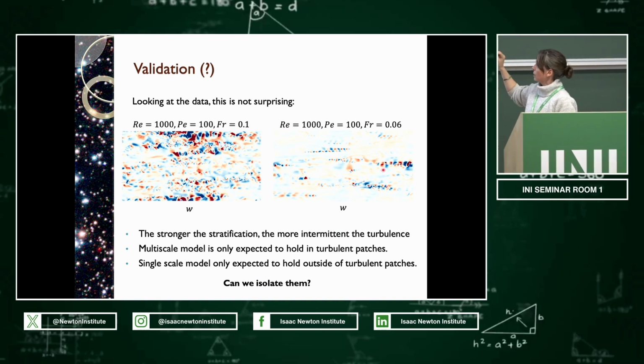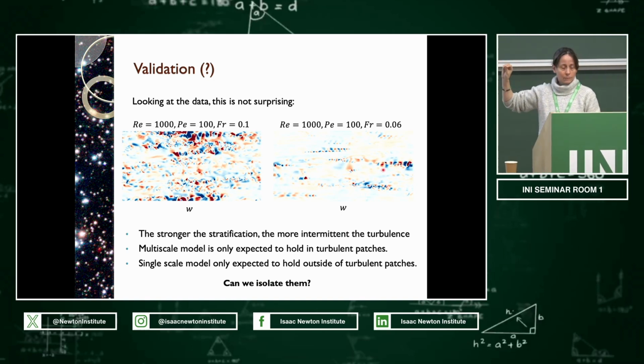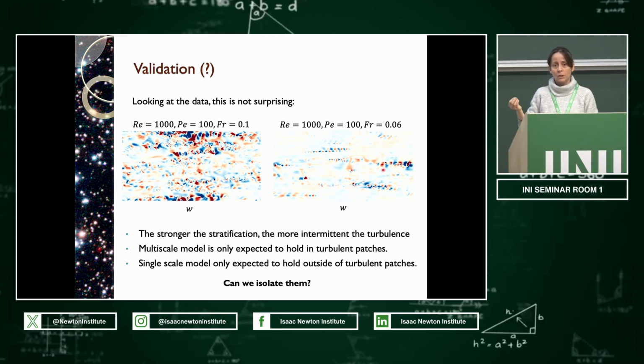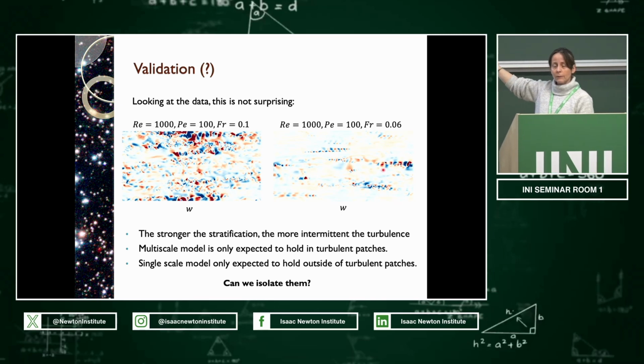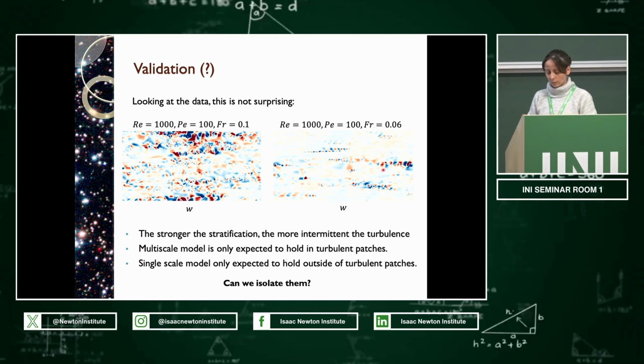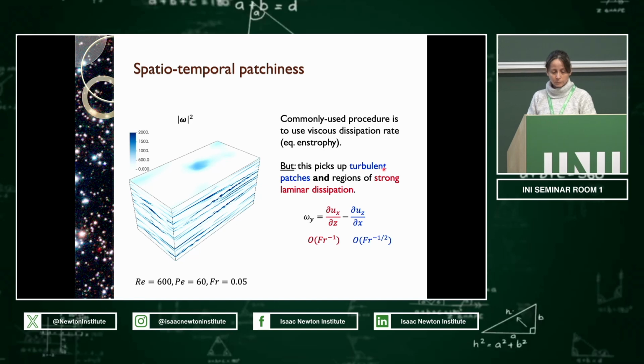So when we want to compare the model to the data, we have to be fair in our comparison, inasmuch as we only expect the multi-scale model to be valid in the turbulent patches and the single-scale model to be valid in these more laminar regions. So the question is, can we actually find a metric to isolate the turbulent patches from the non-turbulent patches?